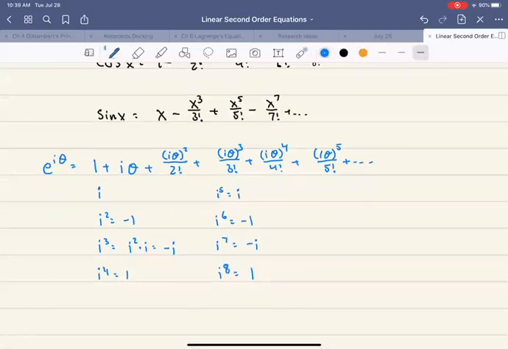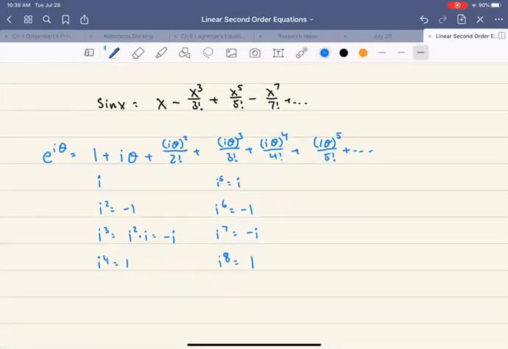So we're going to play this game with this series. We're going to split it up into the terms that have even powers and the ones that have odd powers.